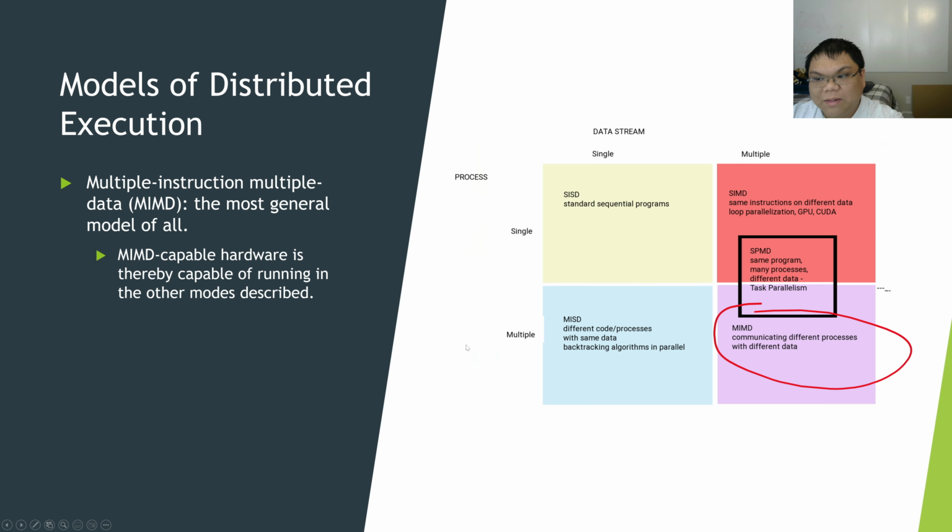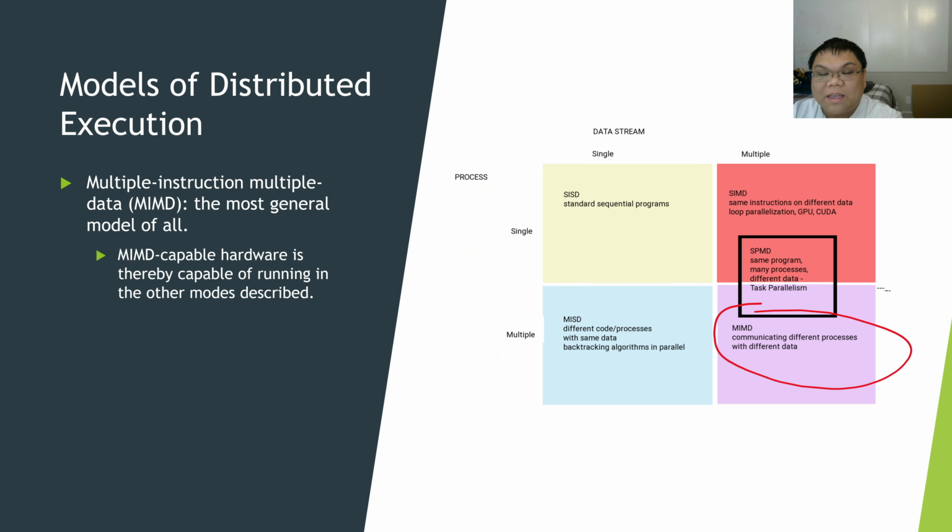Multiple instruction, multiple data. So this is the most general model of all, communicating different processes with different data. It's a little bit like the client-server model, where you have computers coming and going, connecting to a server, and then disconnecting from a server when they're done.